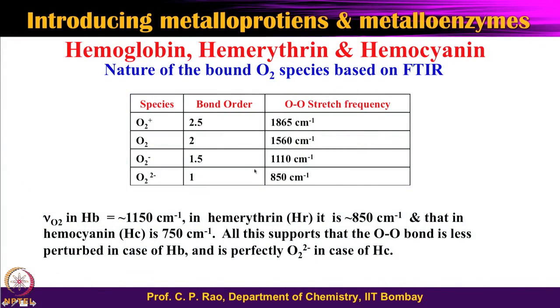So, that makes a much more reduced form, and that gives the 750. So you can see that the O2 in hemoglobin is not that much perturbed. O2 in hemerythrin is quite perturbed, almost about 1.5. And in hemocyanin it is very much like O2 2 minus, a perfect O2 2 minus, and that is what we find.